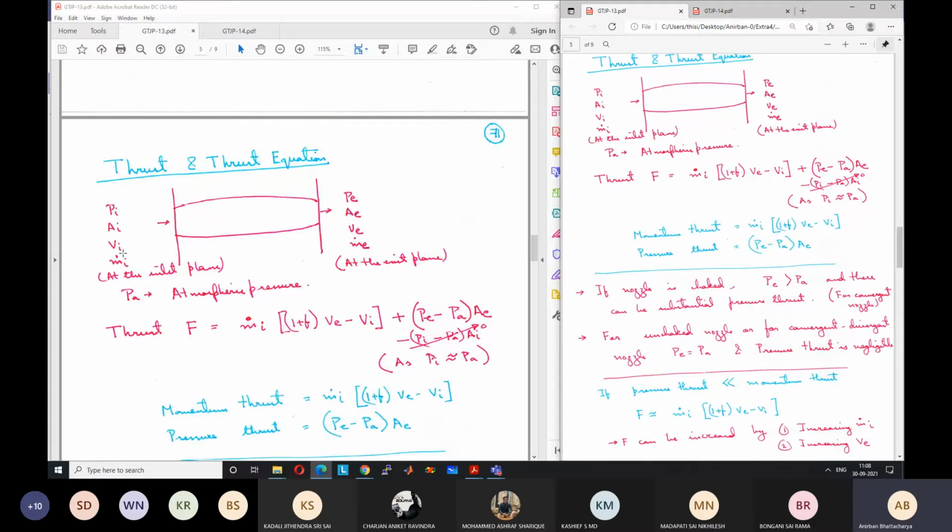Typically it has to be atmospheric pressure, although I have denoted it with a separate atmospheric pressure Pa. And at the exit, the pressure is P, which may or may not be equal to the atmospheric pressure.